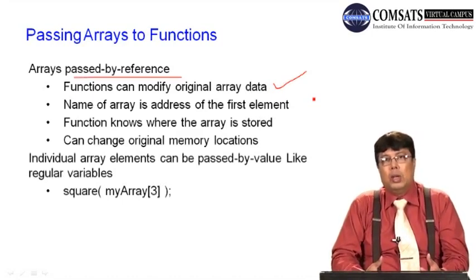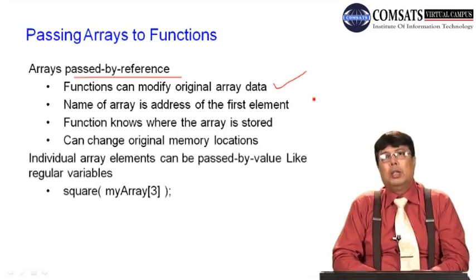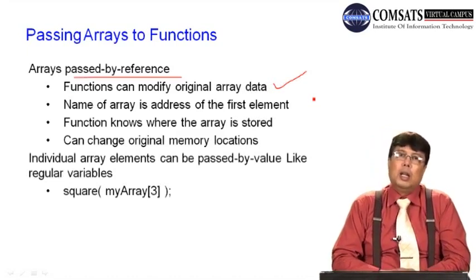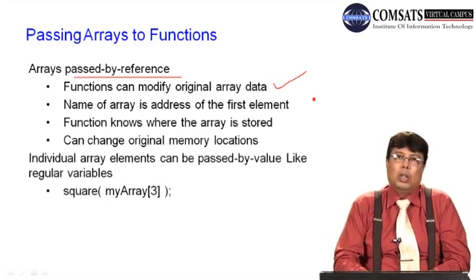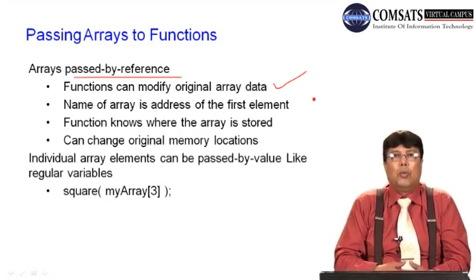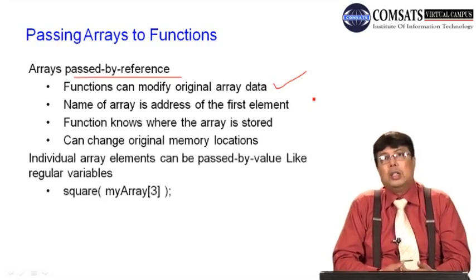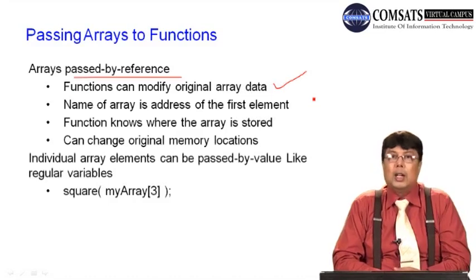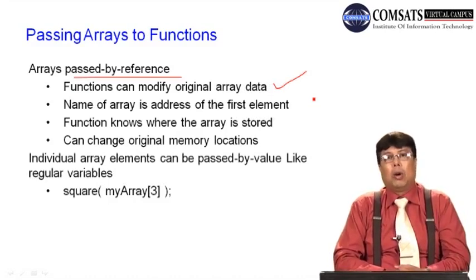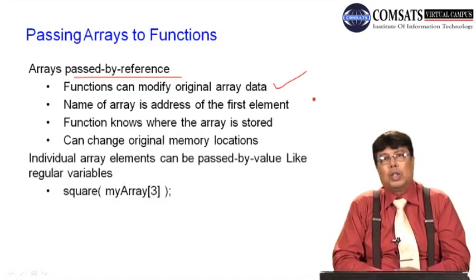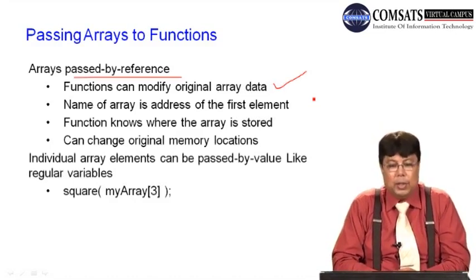So we hold the actual original data elements, that is, the arguments that we pass to the function. Since we have the address of the actual data elements, not a copy, we can change the contents also. That is a very powerful feature, and it is only possible by calling the function by reference.